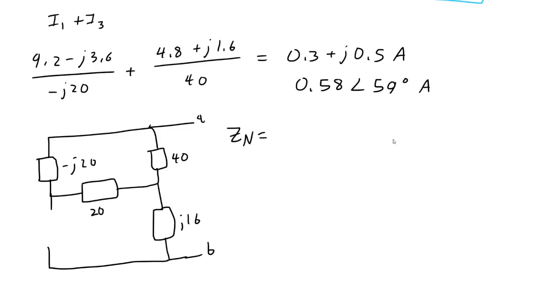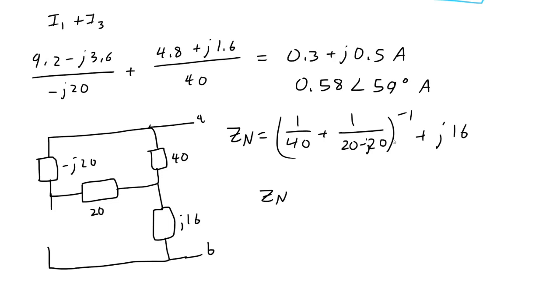Z Norton is 1 over 40 plus 1 over 20 minus 20j, minus 1 plus j16, which means that Z Norton is going to end up being 16 plus j8 ohms, or in the phasor form, 17.8 is the magnitude with a phase angle of 26.5 degrees.